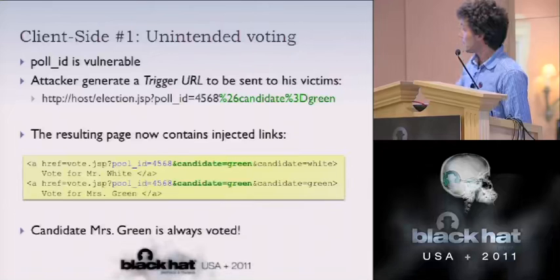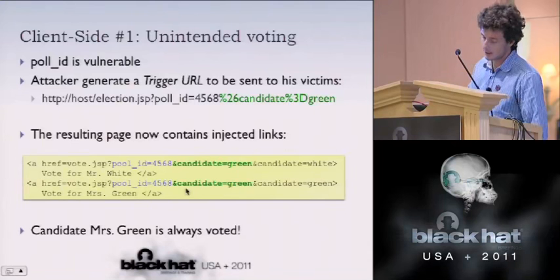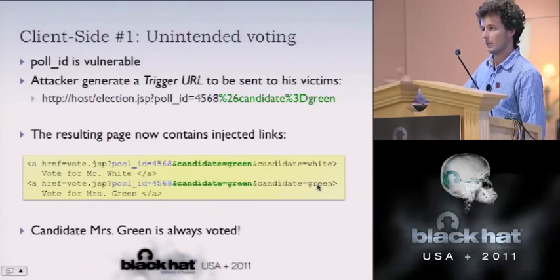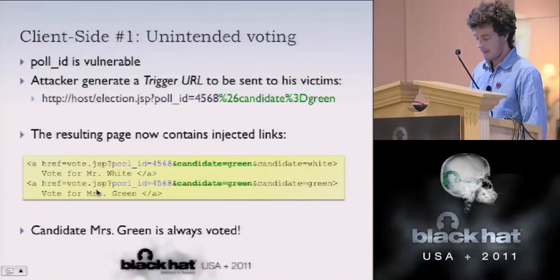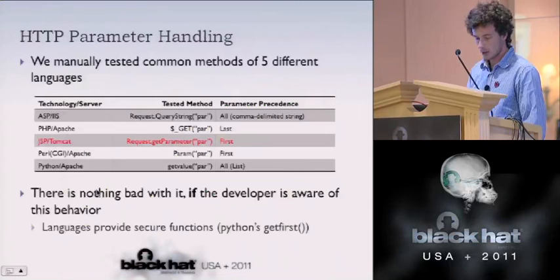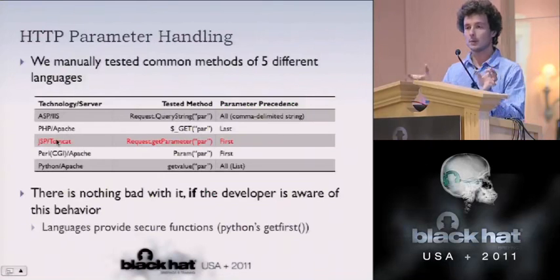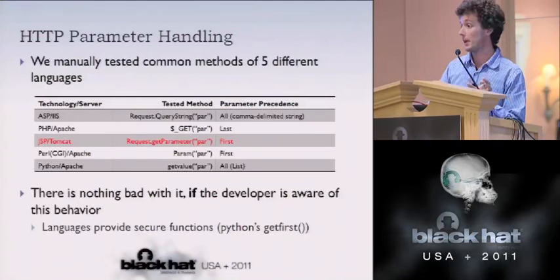Why does this happen? Because he was able to inject this new candidate equal green, and as you can see here, this candidate equal green gets injected before the real candidate that would have been submitted to the application. Since the application is written in JSP, as we saw, in JSP when you have two parameters with the same name, the application reads just the first parameter.